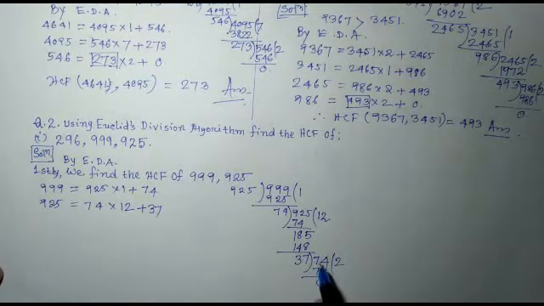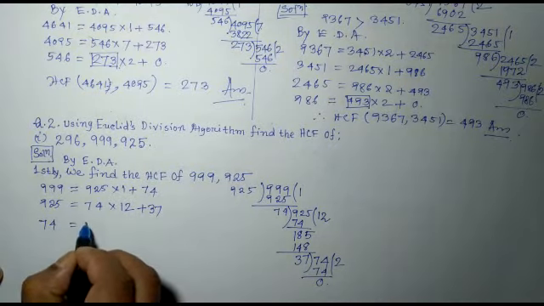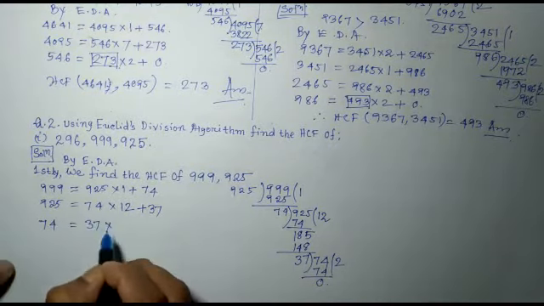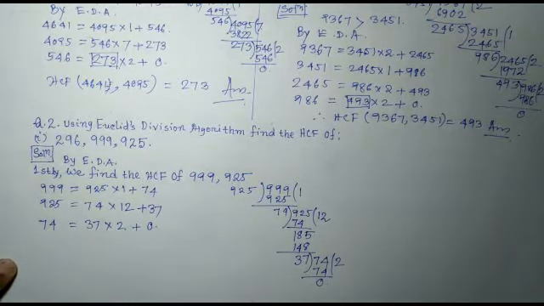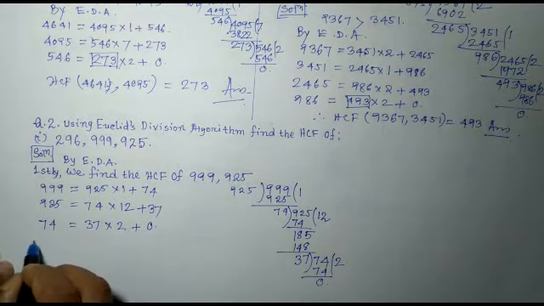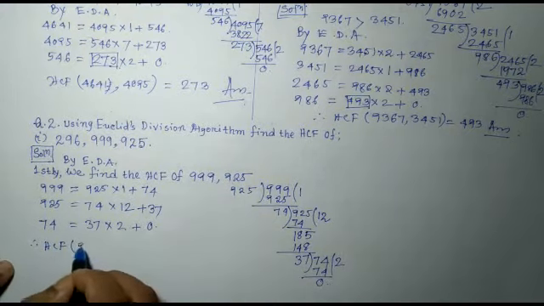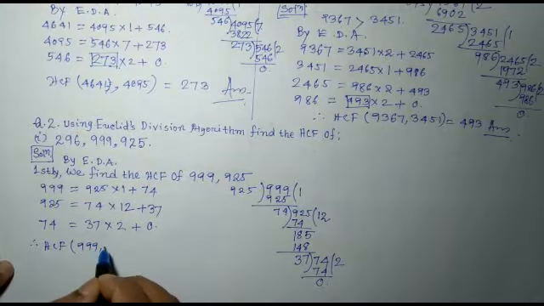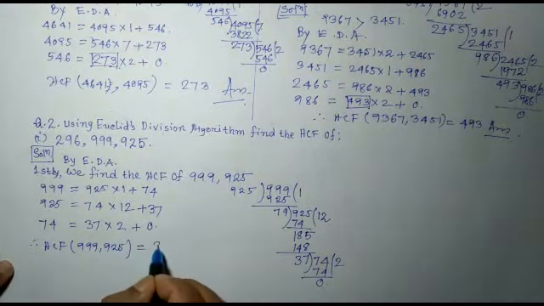So we can write the dividend 74 is equal to the divisor 37 into quotient 2 and remainder 0. So we get the H.C.F is 37. Therefore the H.C.F of 999 and 925 is equal to 37.